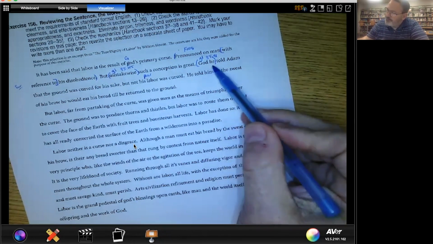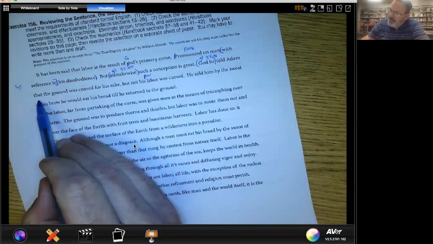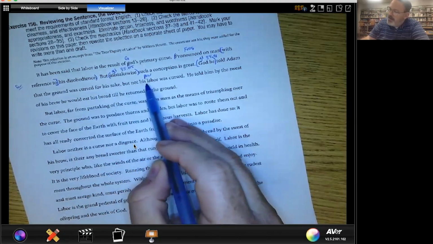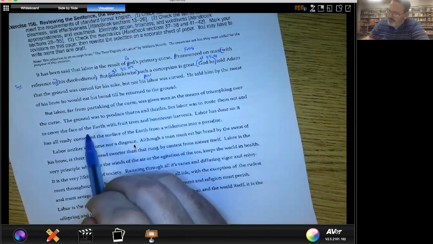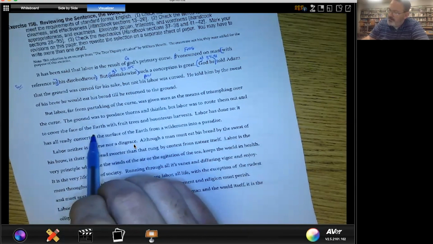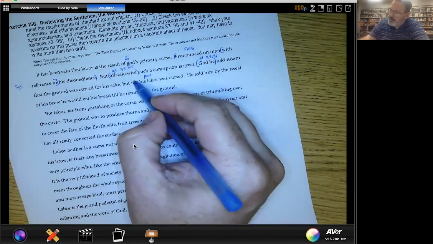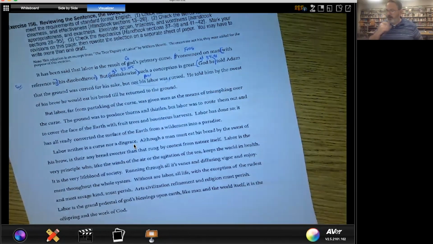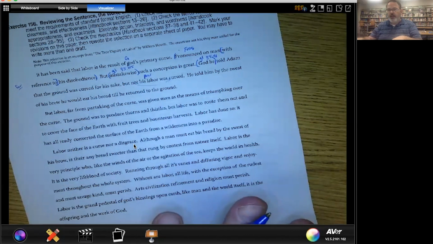So look, God told Adam that the ground was cursed for his sake, but his labor was not cursed. See, ground was cursed, labor was not cursed. So this would need to be going over there to make it parallel. So that both sides, this but that, this side is structured one way, and then the next one is structured the exact same way.